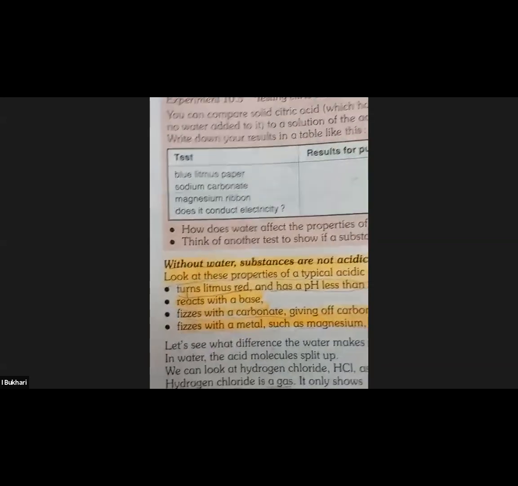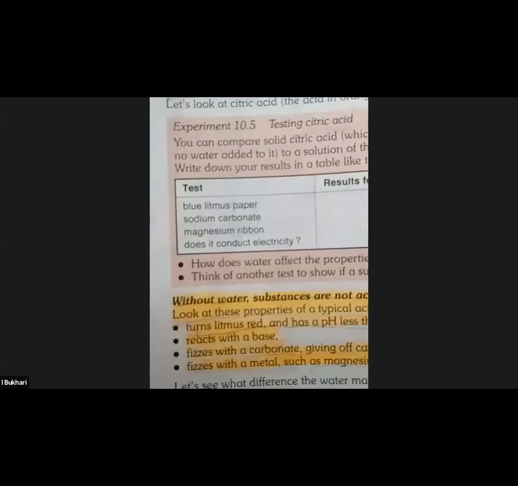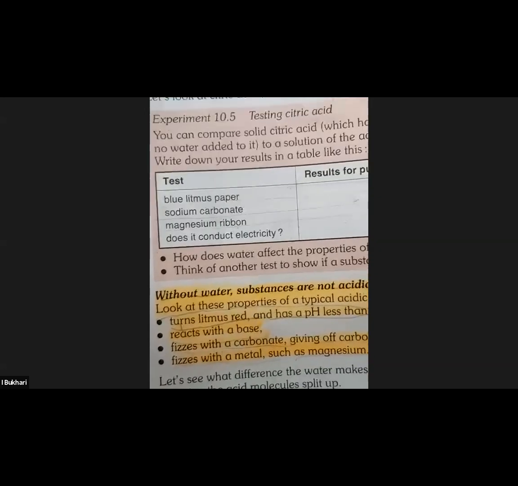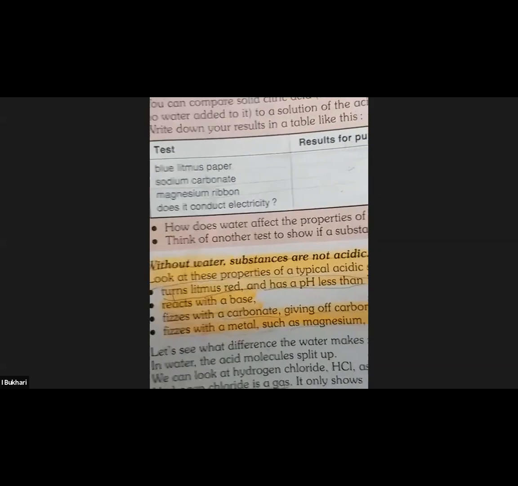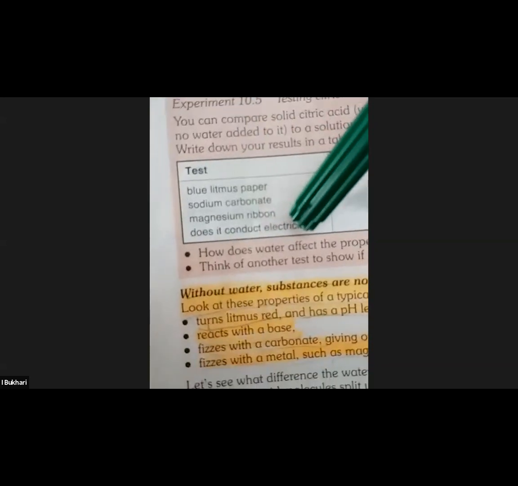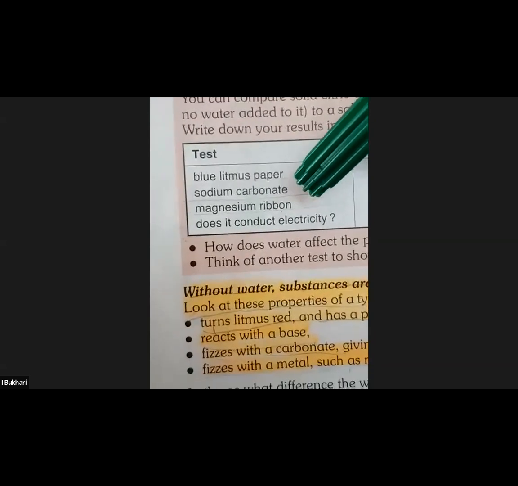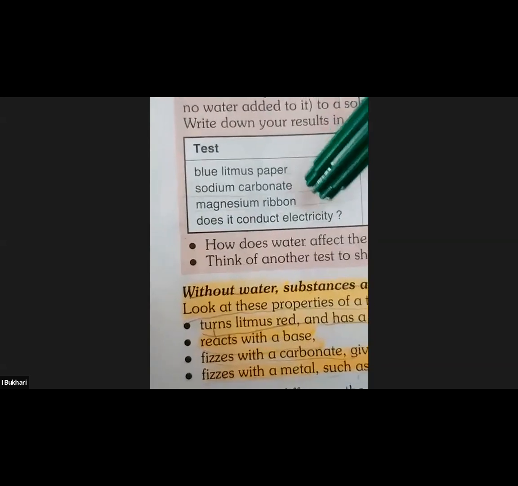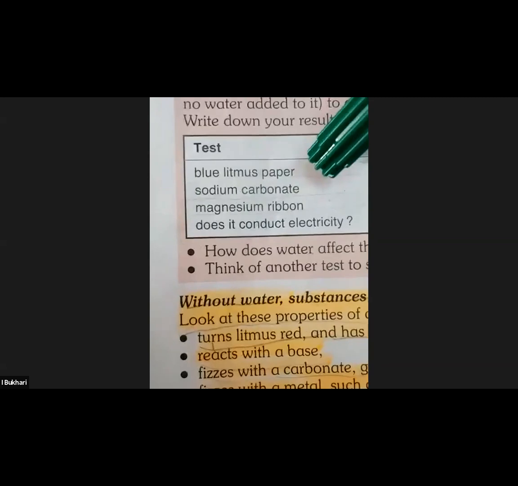Now, sodium carbonate is soluble, as I just discussed with you, but we are not preparing salt here. We are just comparing the results, so we don't need to worry about titration and all of that. Then they are not using any neutralization reaction here.